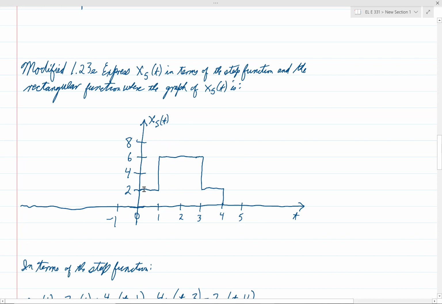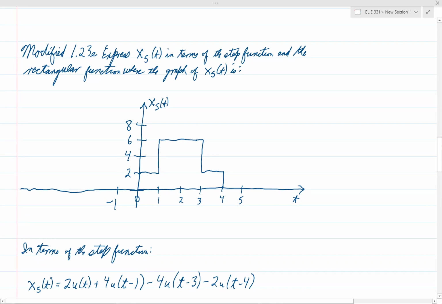You can see it's equal to 0 for t less than 0, and it's equal to 0 for t greater than 4. But between 0 and 4 it is given as follows. It's equal to 2 between 0 and 1. It's equal to 6 between 1 and 3. And then it's equal to 2 between 3 and 4. And so we want to use the unit step function and also the rectangular function to express this function.